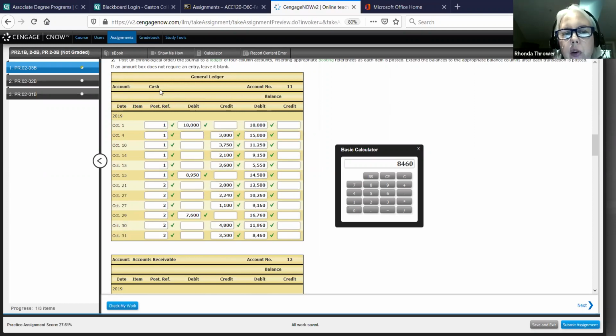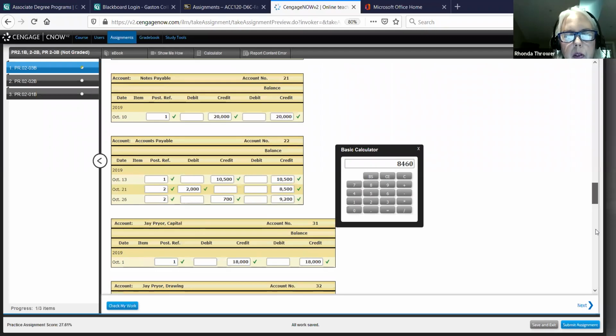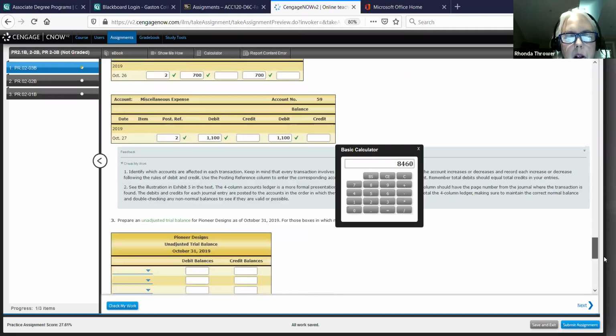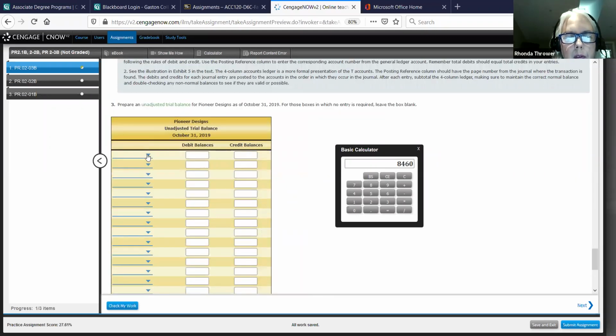So start with your first ledger account, which will always be cash. Cash has a balance of $84.60. Cash had a debit balance of $84.60.